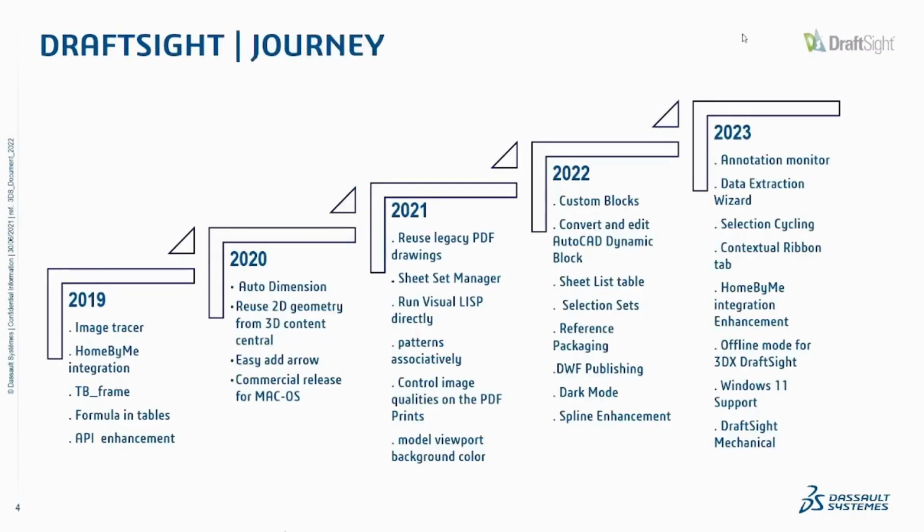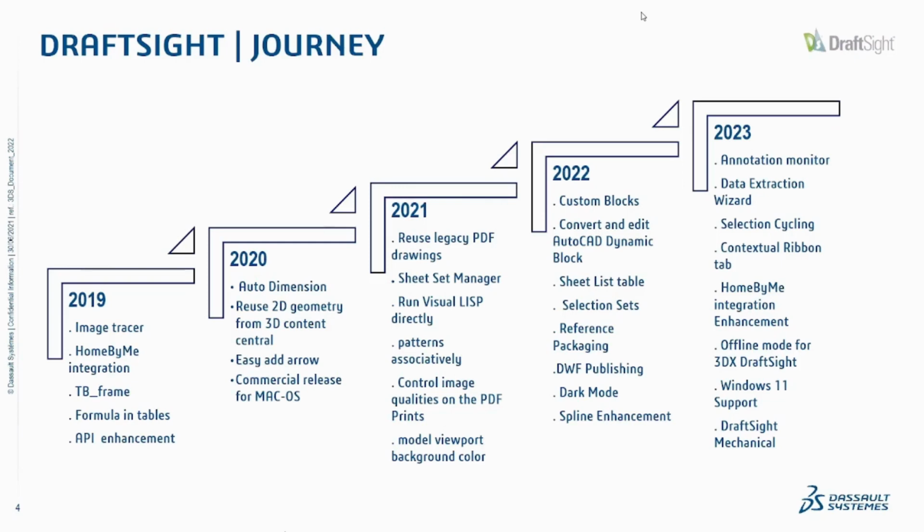DraftSight was commercialized in 2019, and since then we have strived our best to give users a better experience and better functionalities that will help them simplify their work and improve productivity.